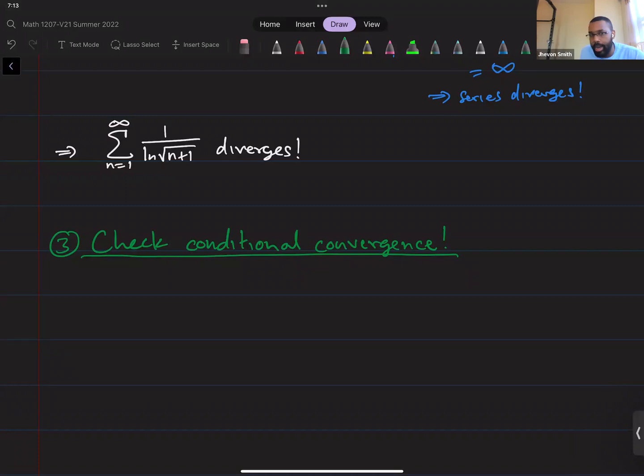So now I'm going to see, can I get away with conditional convergence? If the test for divergence was conclusive, then I could just stop, as we did in the previous example. If the test for absolute convergence was conclusive, then I could stop, as we did in the first example. But if none of those work out, I have to check conditional, which means I look back at the original series.